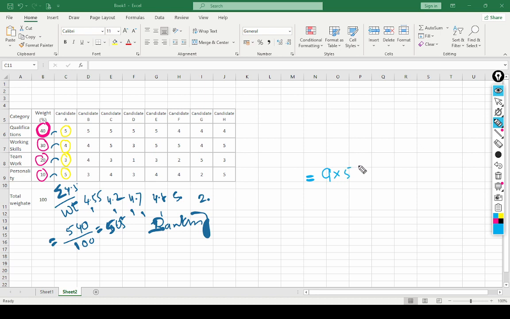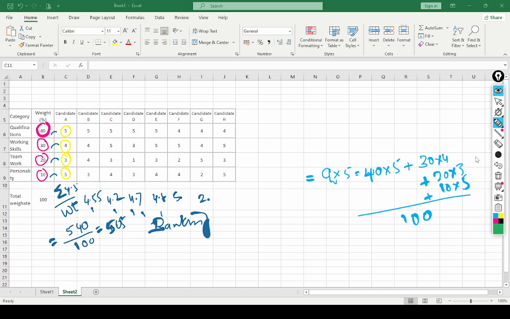Qualification weightage is how much? 40. 40 into 5 plus 30 into 4 plus 20 into 3 plus 10 into 5, all divided by 100. Right? Formula clear?